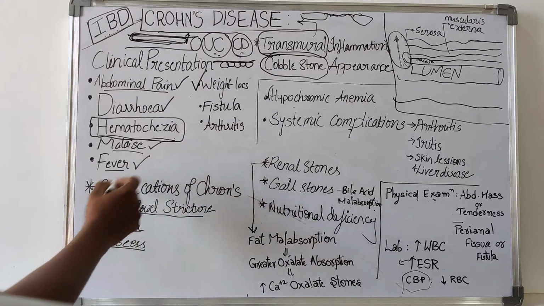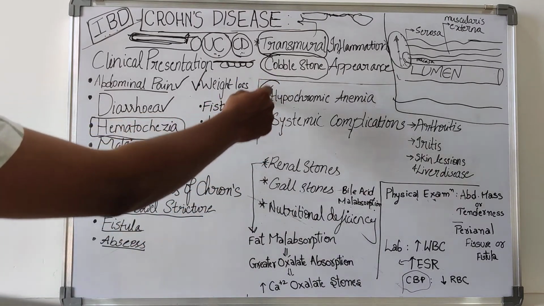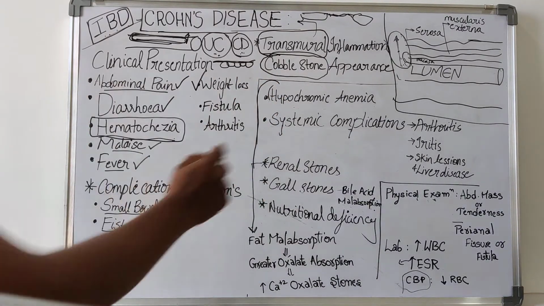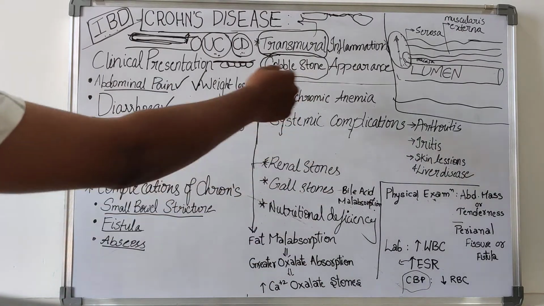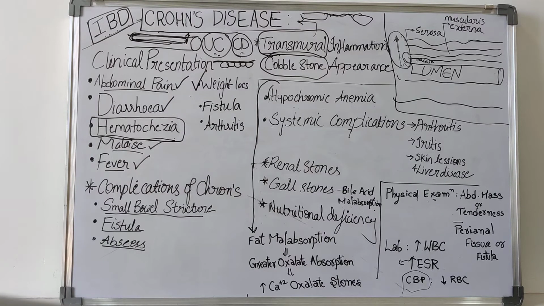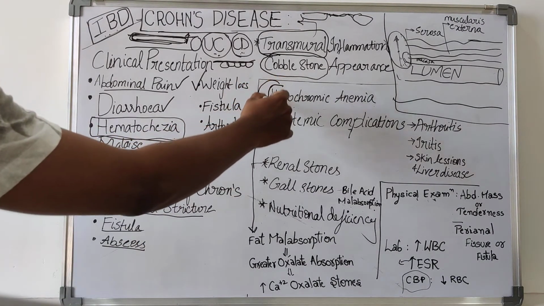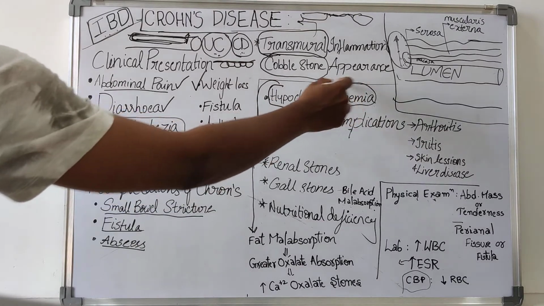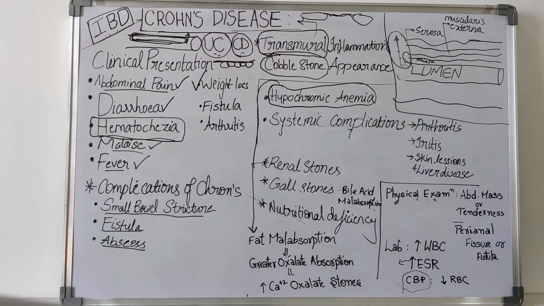Along with these complications, other complications are also present in Crohn's disease. These are very important and they help us to identify whether the patient has Crohn's disease or not. There will be presence of hypochromic anemia. Why is this present in the patient?